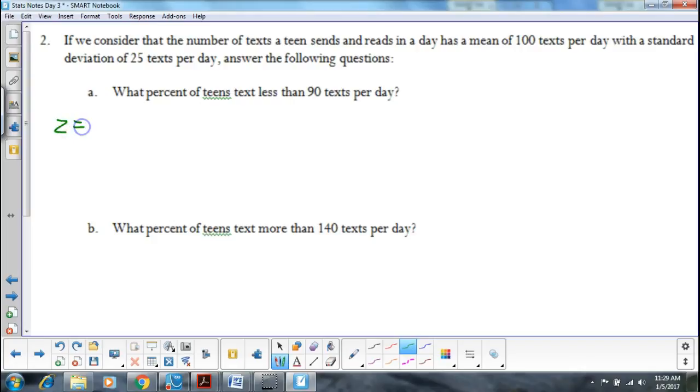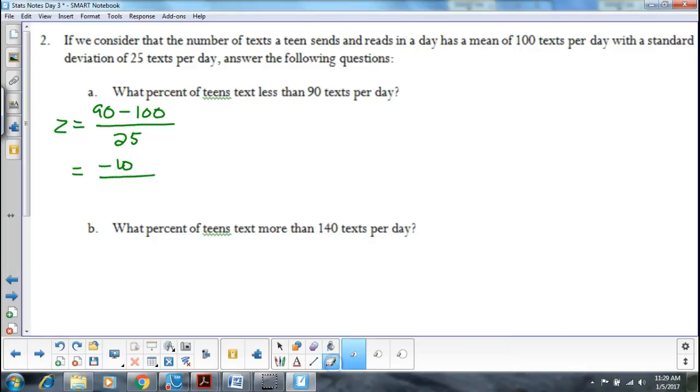So z equals 90 minus my mean, which was 100, over my standard deviation, which was 25. 90 minus 100 is negative 10 over 25, which gets me a z-score of negative 0.40, correct?